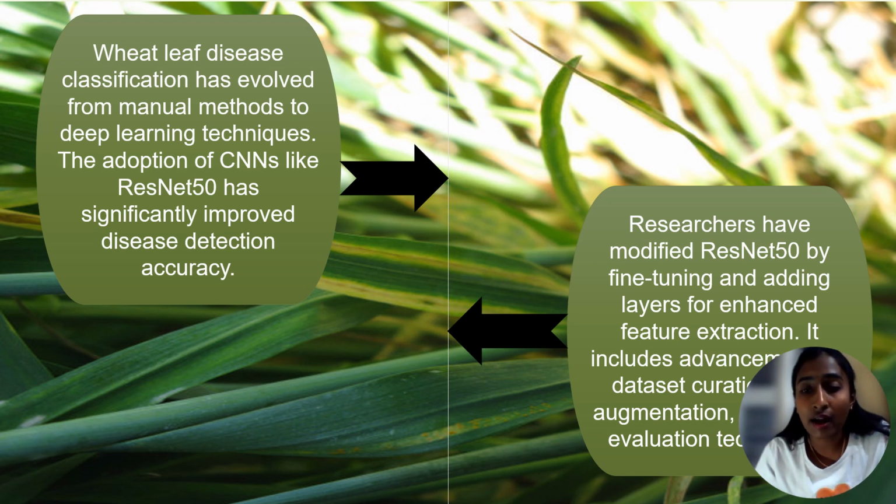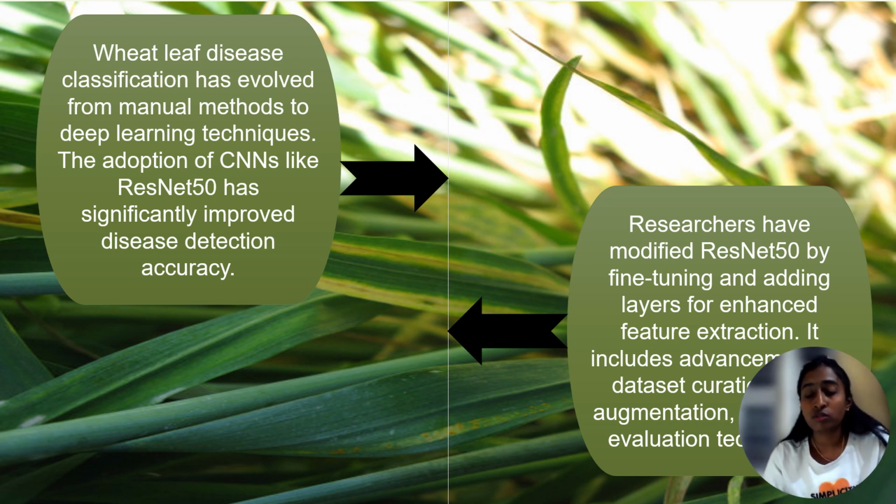It includes advancements, dataset curation, augmentation. In deep learning, here we are using CNN. In CNN there are some steps to be followed for classification of wheat leaf diseases. The first one is dataset curation.